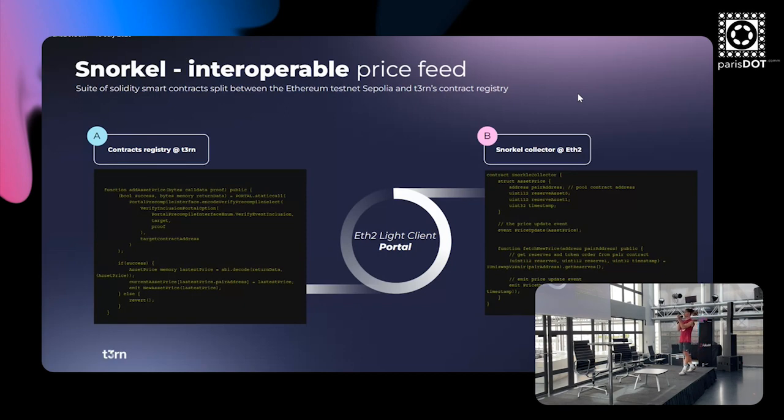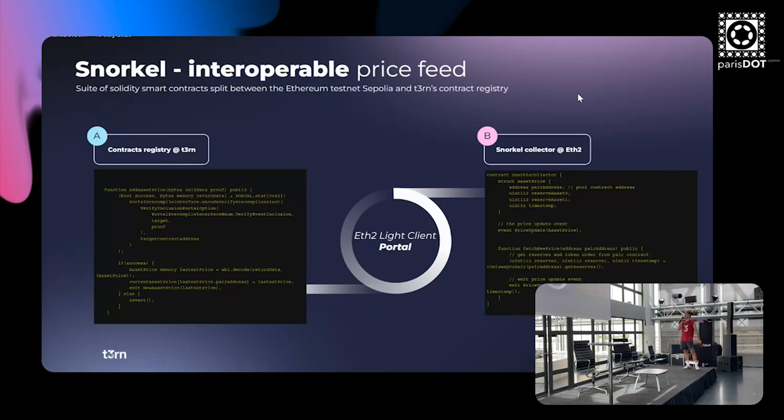So in this example, how we think is smart to organize a solution to provide a price feed is that we don't need to rely on any additional oracles. We just verify the inclusion of the events that the price was updated. We provide the inclusion for each price update.